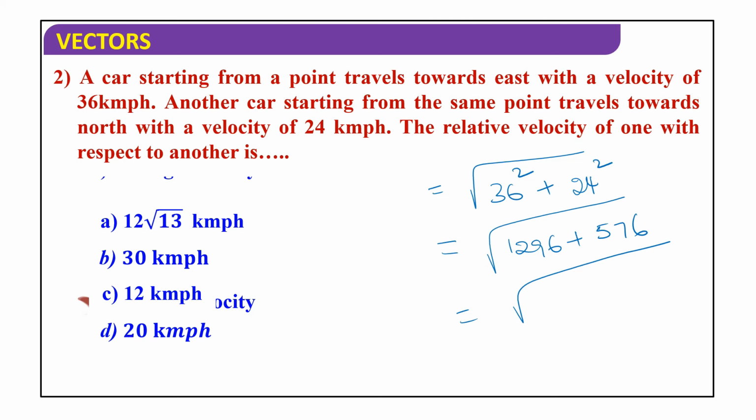So this becomes 1872. So root 1872 will give 12 root 13 kilometer per hour. So the first option is correct.